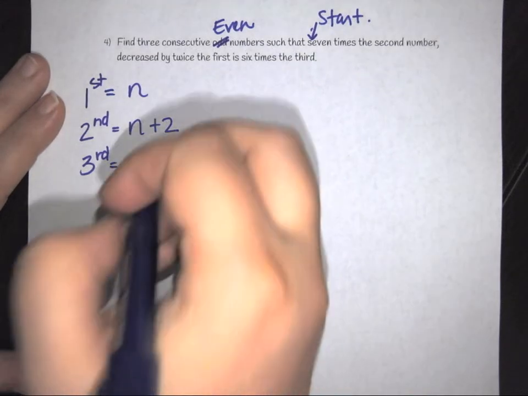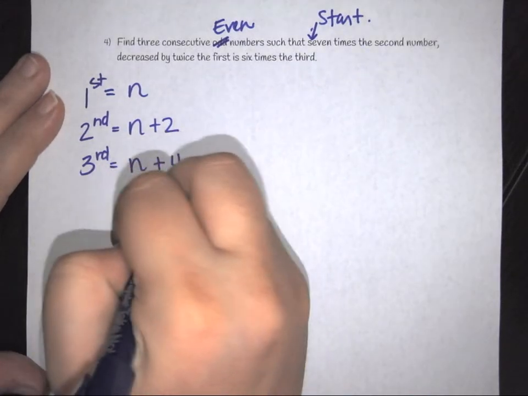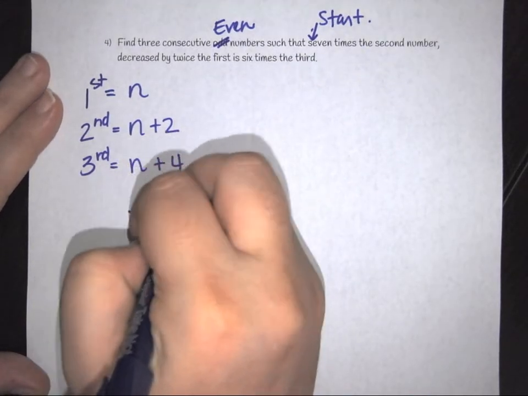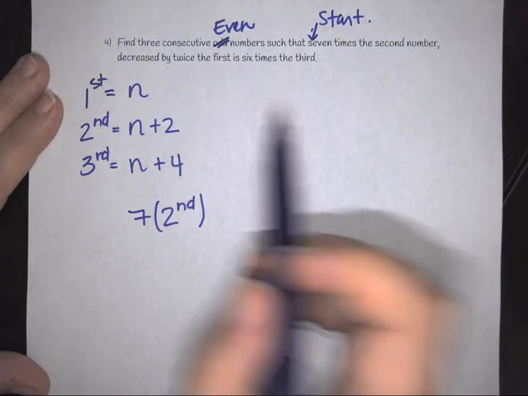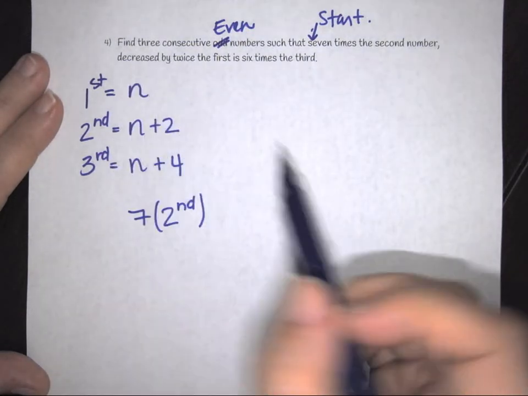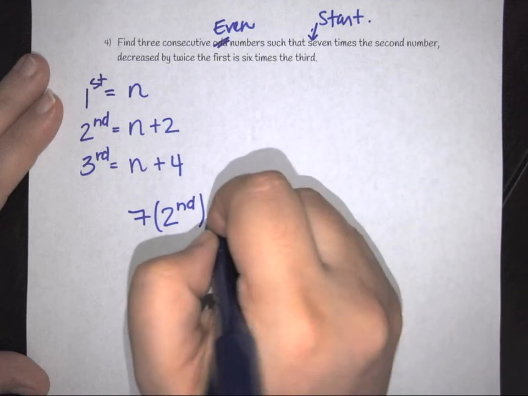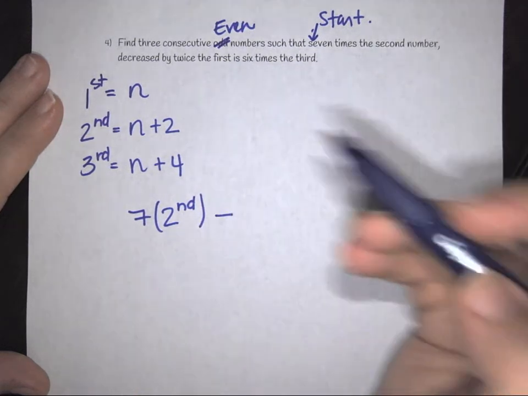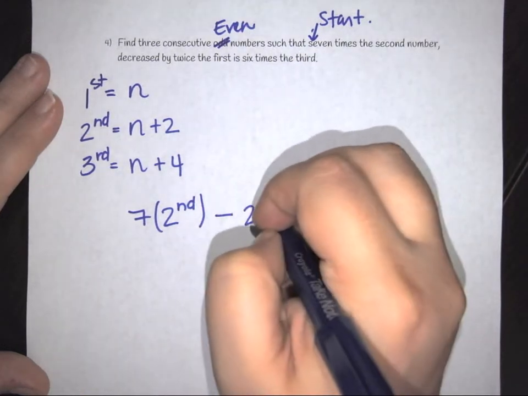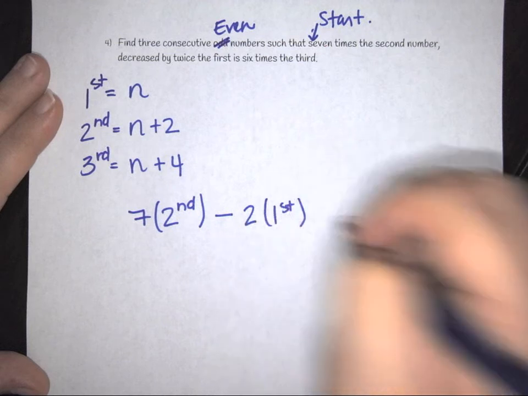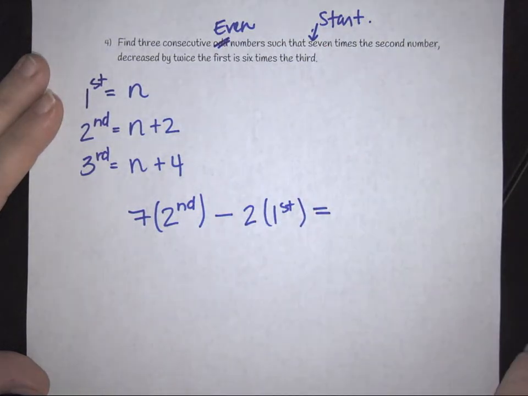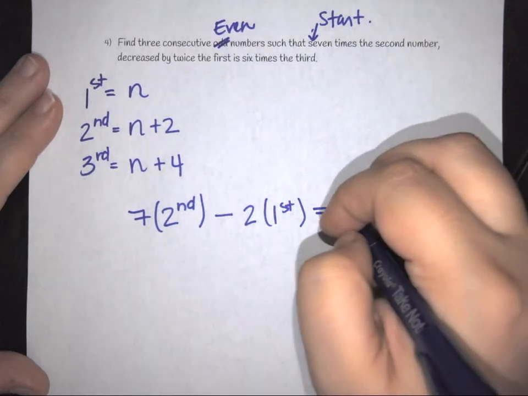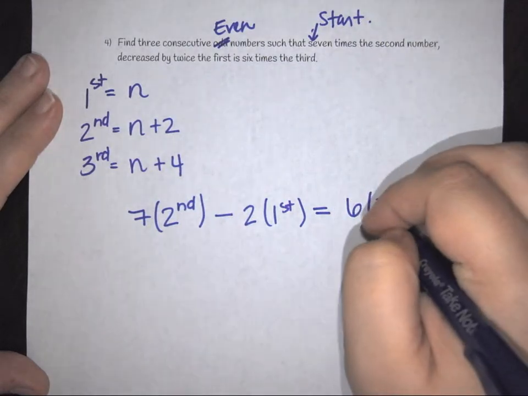So I'm going to do 7 times my second number, and then I have to do decreased by, so that means subtraction, twice the first, so twice times my first number, is means equals 6 times the third, 6 times my third.